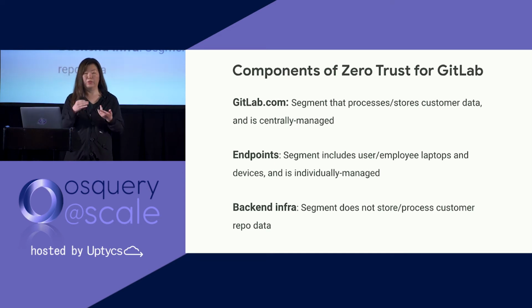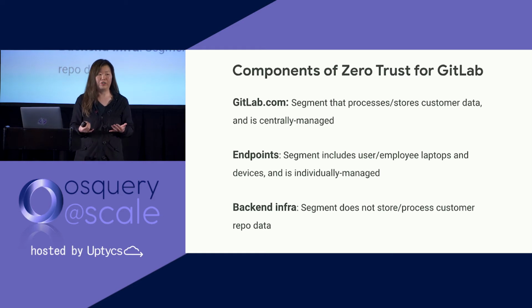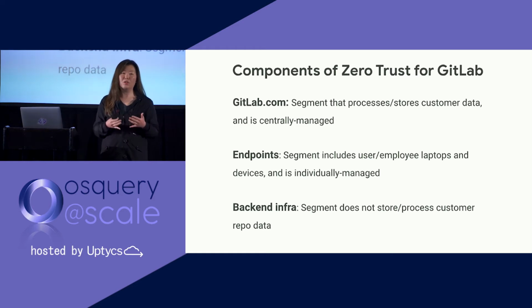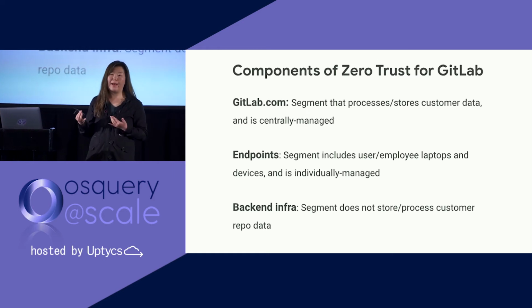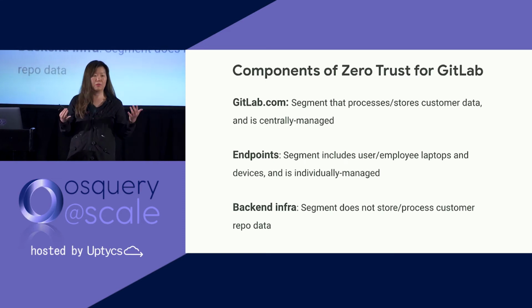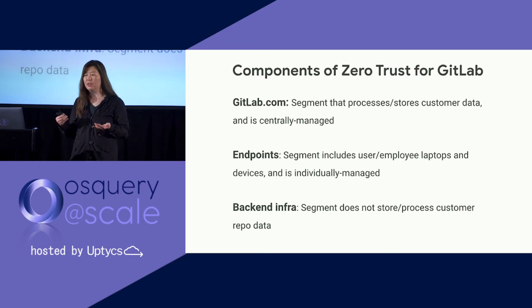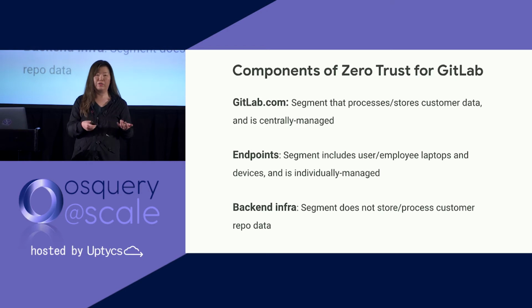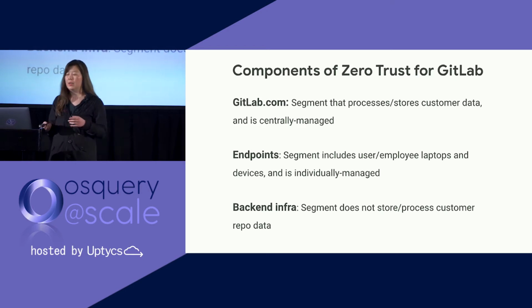So that includes employee laptops, user devices, all of that. That's another bucket. And then the third bucket that we want to consider for Zero Trust is the back-end infrastructure. What I mean by that is all of those third-party apps that GitLab uses. That can include things like Salesforce, Google Docs, whatever, G Suite.